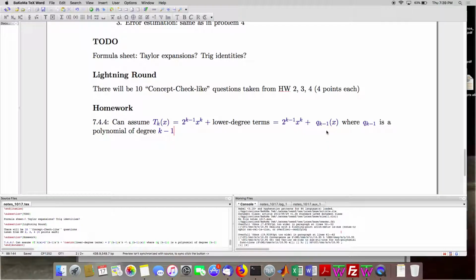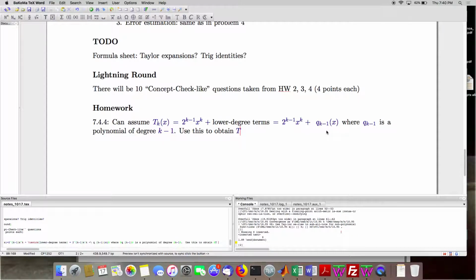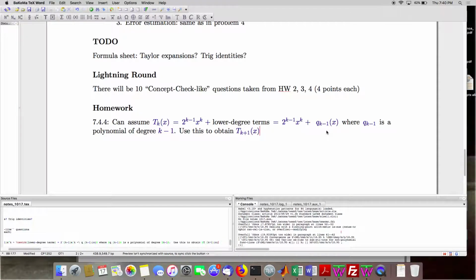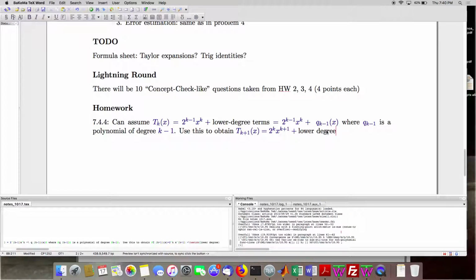That way it makes it clearer, because you want to use this to obtain something like this: T_(k+1) is equal to 2^k x^(k+1) plus something that must be of lower degree.